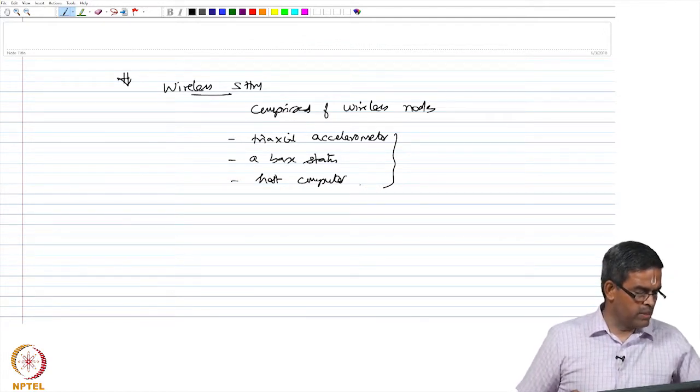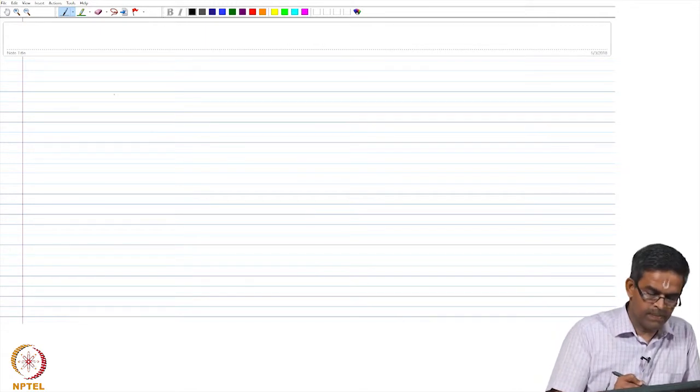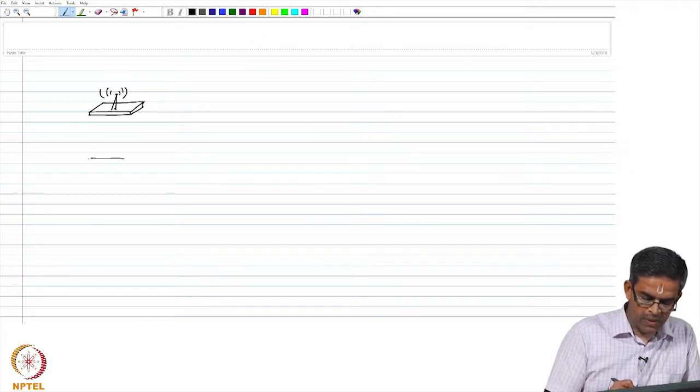Let us look at the monitoring task of this example. Let us say there are a couple of sensors located.